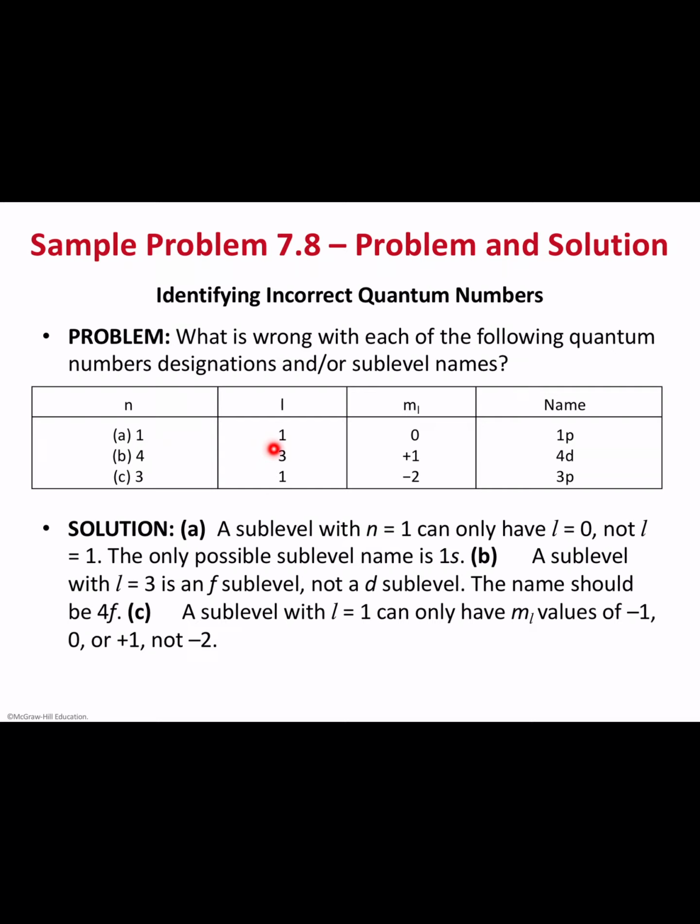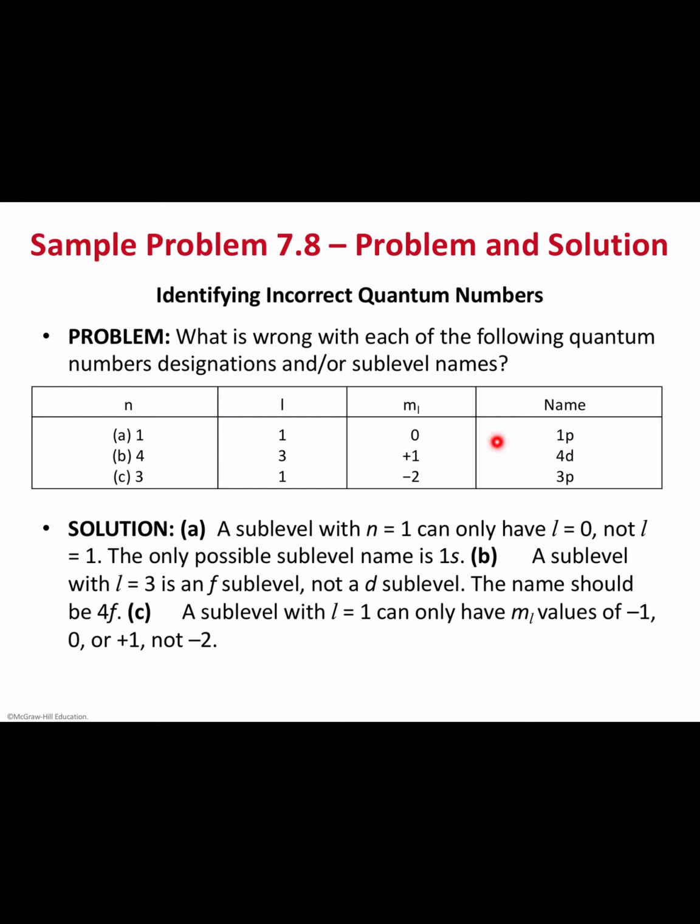L can go from 0 to n minus 1. n equals 1, so 1 minus 1 is 0. So L cannot be 1, correct? L has to be 0. So what's wrong here is L cannot be 1. Can ML be 0? Yes, ML can be 0. What should the name be? Is it going to be 1p?